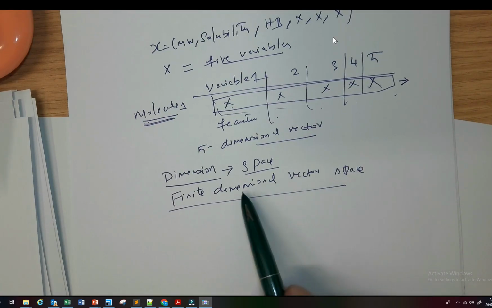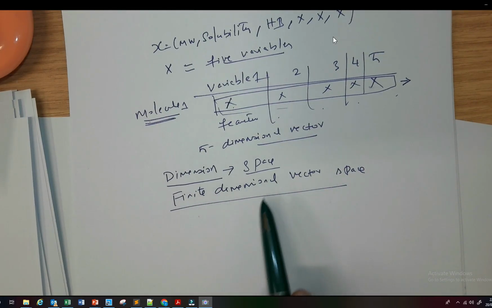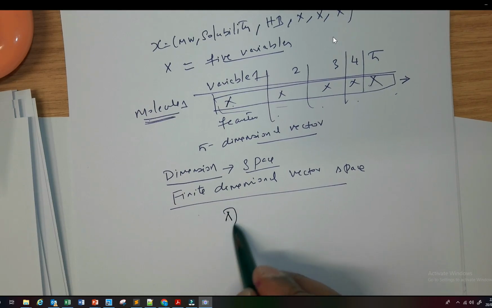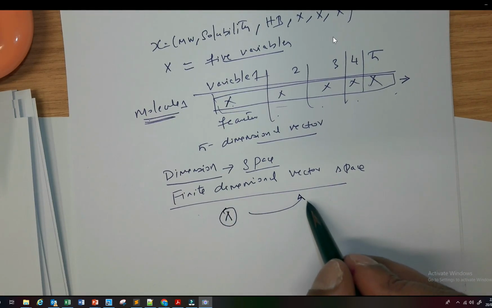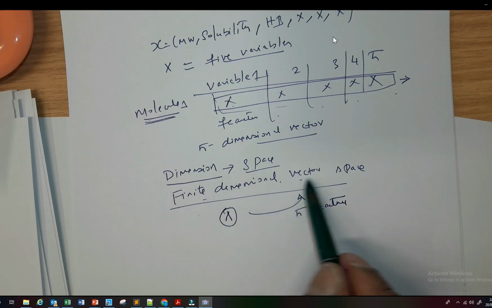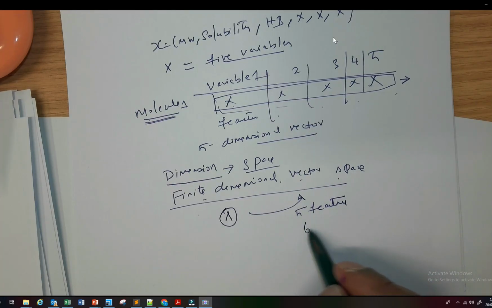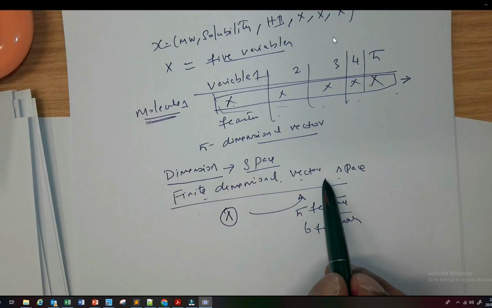So finite-dimensional vector space means what? Each data point is described by a finite number of features. If you have five features, then we are in a five-dimensional vector space. If you have six features, you are in a six-dimensional vector space.